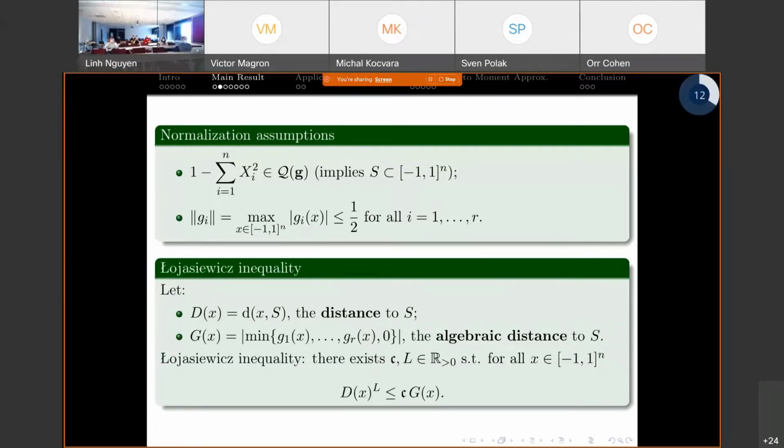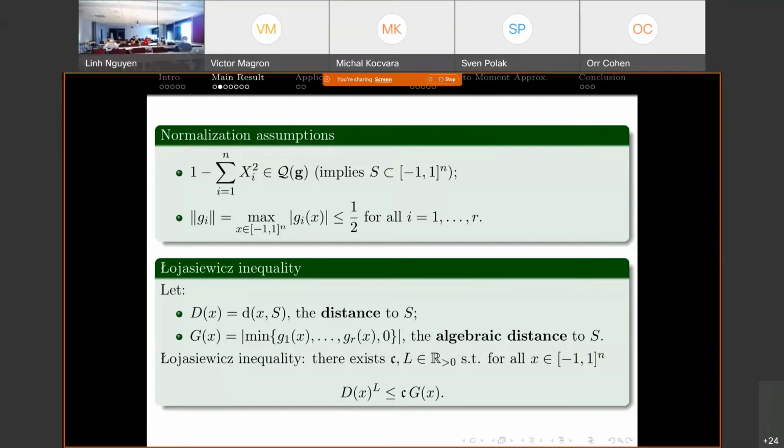So we will also need another ingredient that is the Łojasiewicz inequality, and we define d of x as the distance from a point x in R^n to the semi-algebraic set S, and then we define the algebraic distance, capital G of x, as the absolute value of the minimum of g_1 of x, ..., g_r of x, and 0. And this is the algebraic distance.